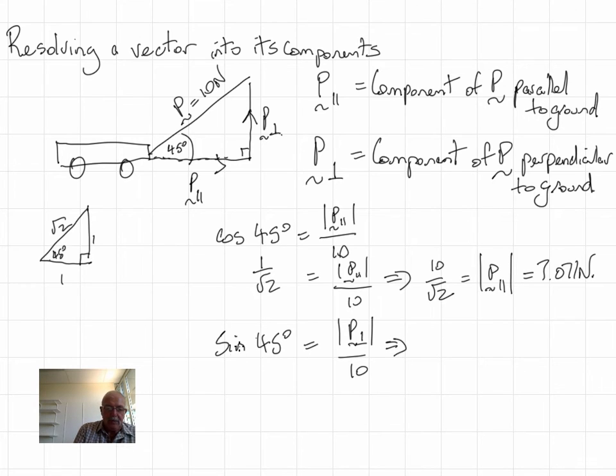And once again, sine 45 from our special triangle, sine of 45 is opposite over hypotenuse, so that's 1 on root 2. So we've got 1 on root 2. Multiply both sides by 10.